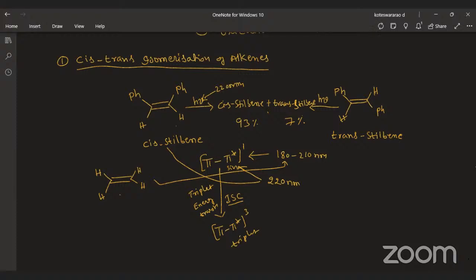Now, cis-trans isomerization of olefins takes place under photochemical conditions in two major ways. The starting material is either in the liquid state, where the reaction is carried out in the liquid phase, or in the vapor phase.